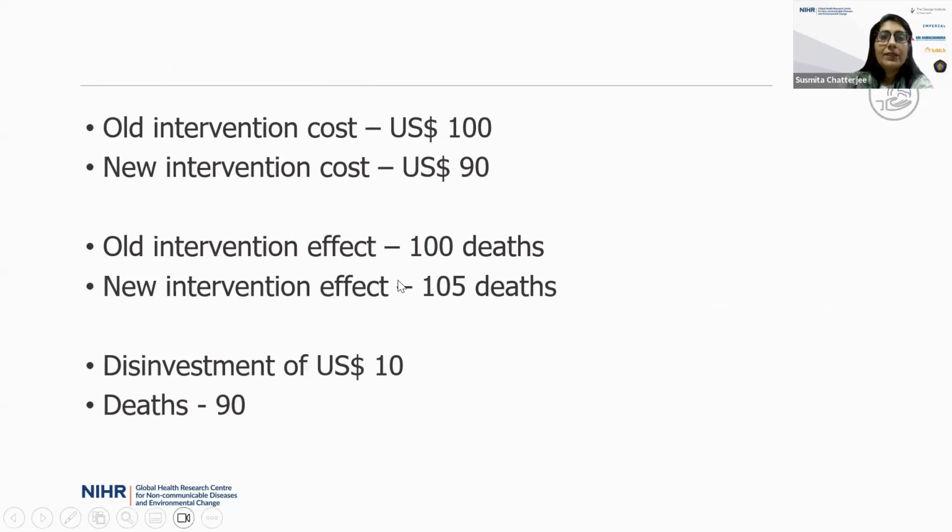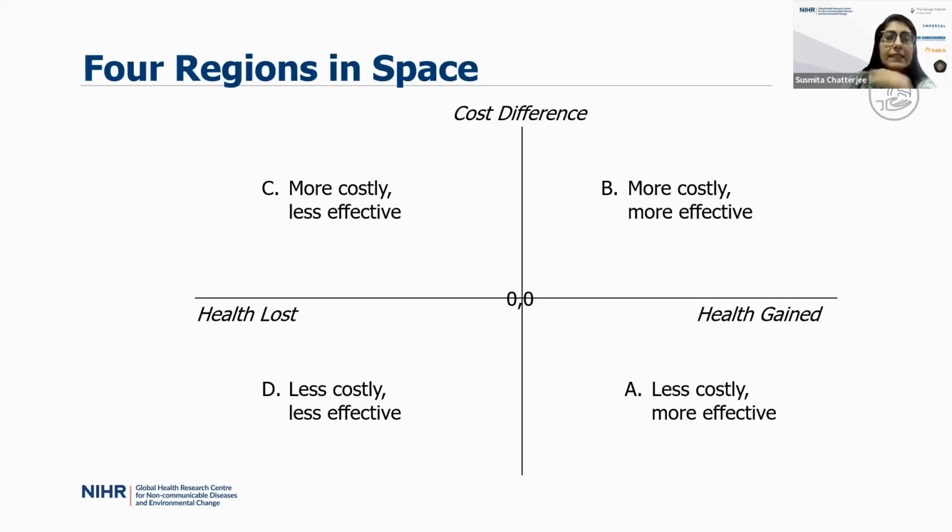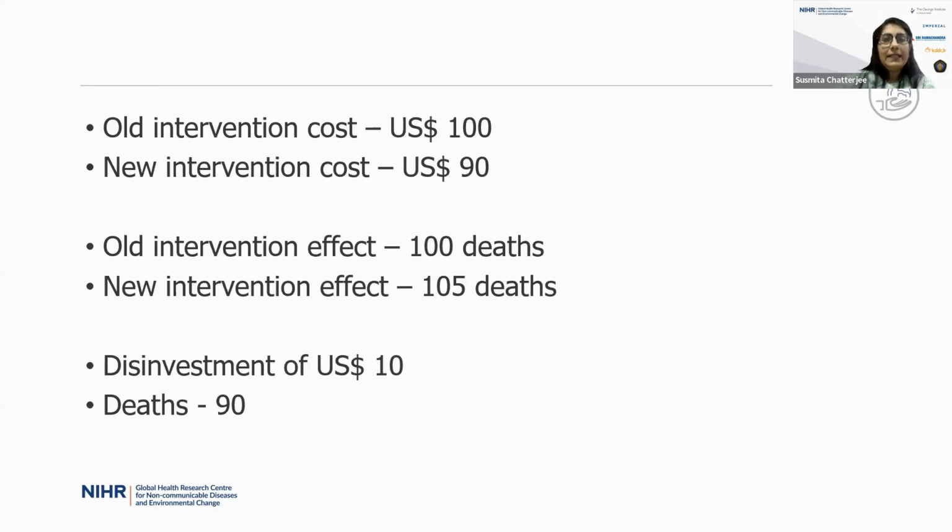Let's think about D again. Less costly, less effective. Now let me explain this. This is just an example, okay? I'm just trying to tell you how we are going to choose.